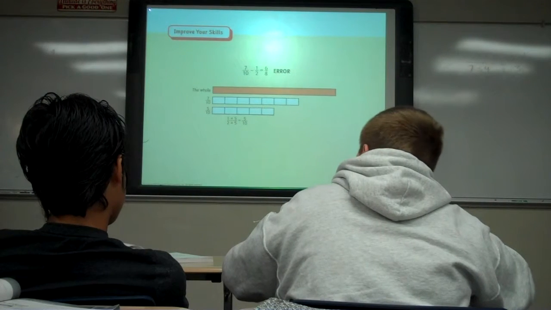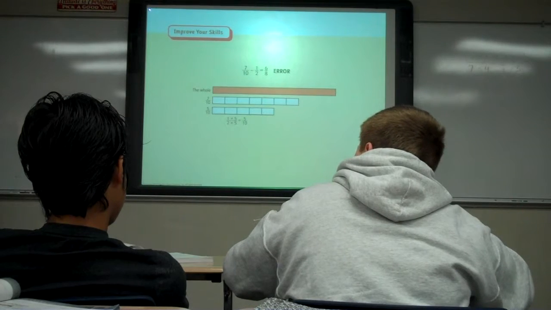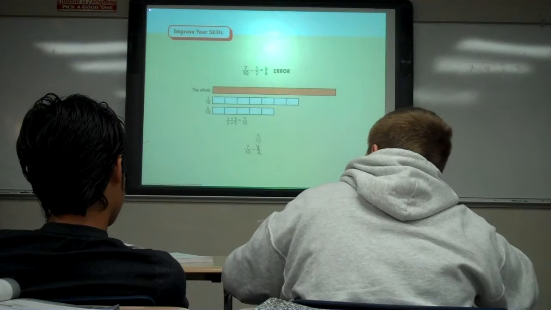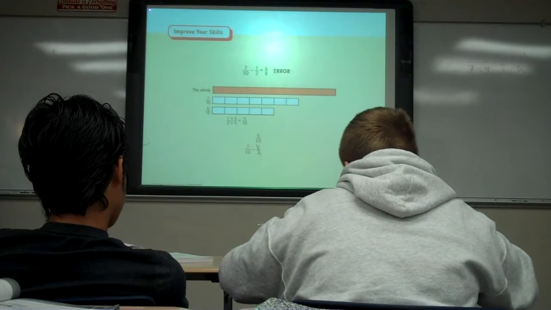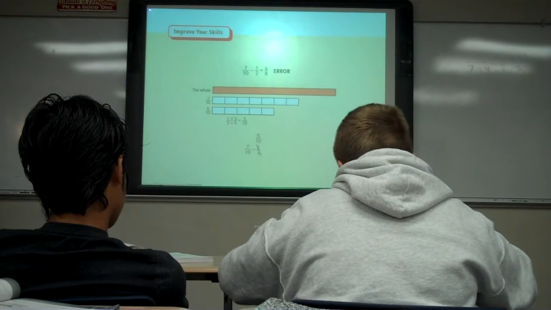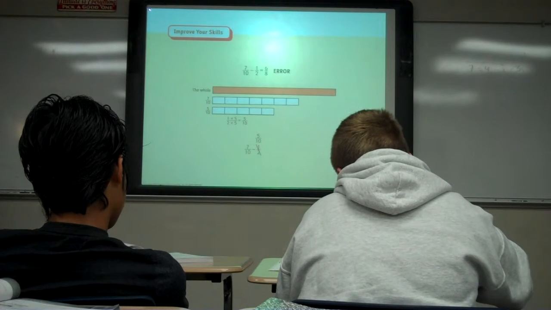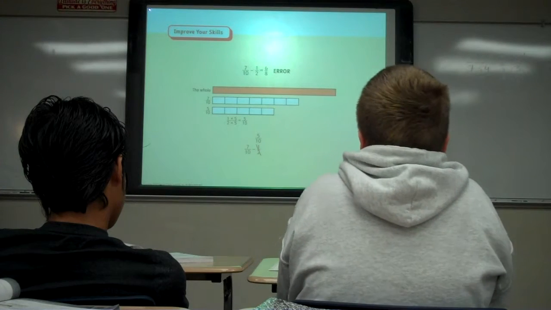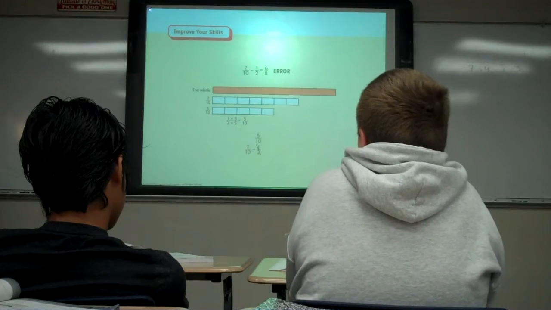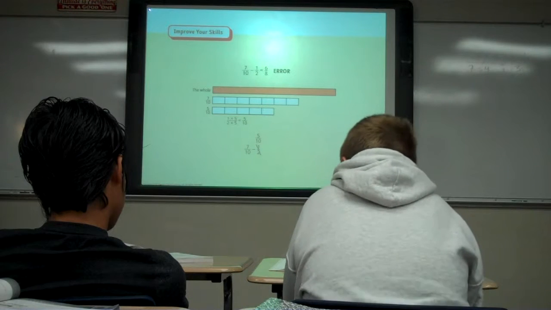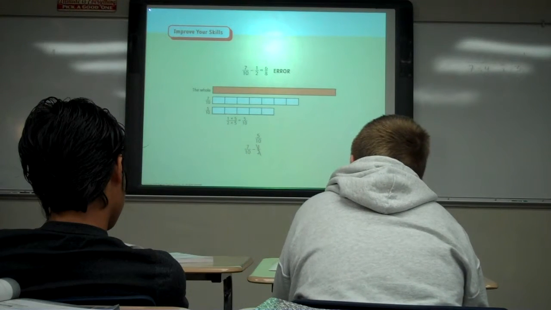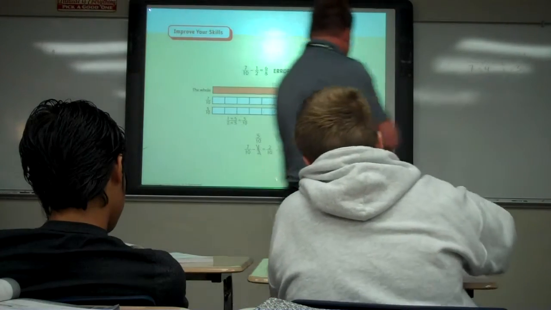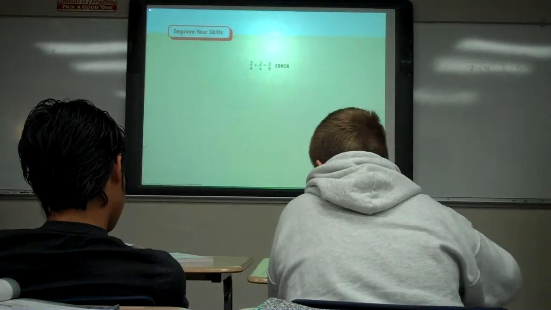What's our answer going to be? If we replace that 1/2 with 5/10, what do we get? 2/10. 7 minus 5, we get 2. 10 stays the same. So we got to get that common denominator, and it stays the same there for that answer of 2/10. Okay?